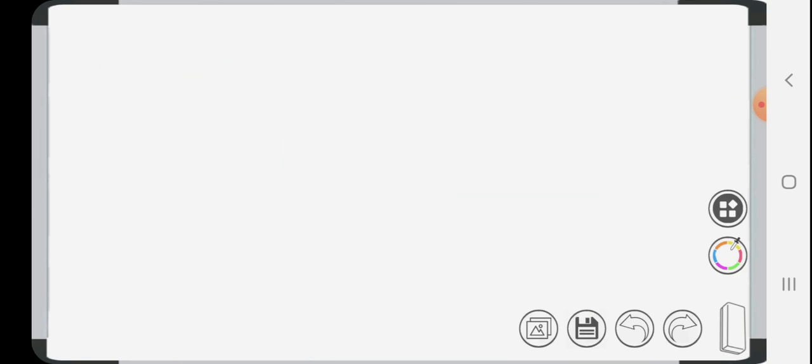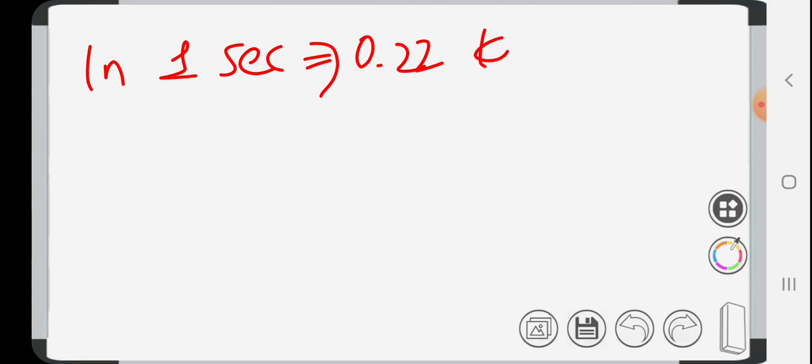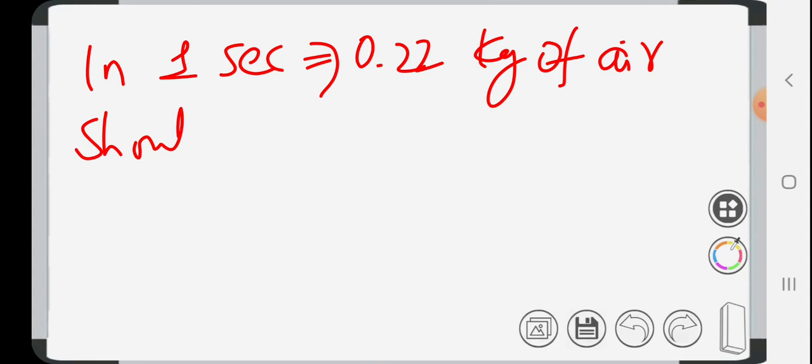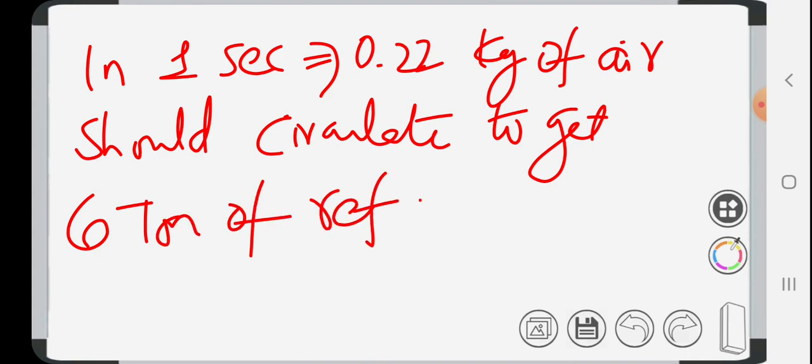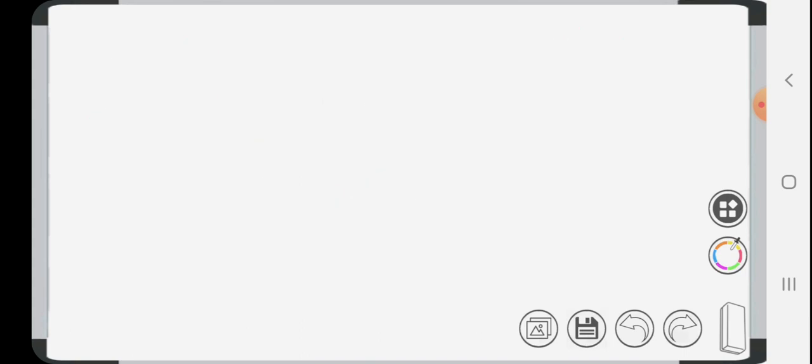So what does it mean? In one second, 0.22 kilogram of air should circulate to get 6 ton of refrigeration. So that is how you have to find this mass, m dot.